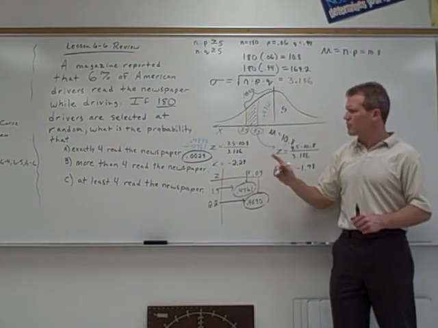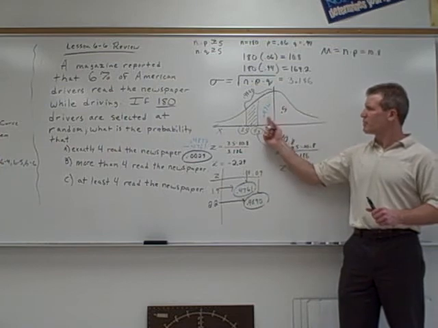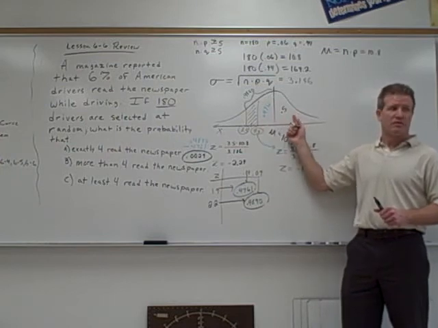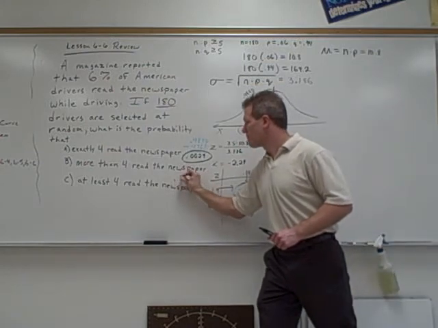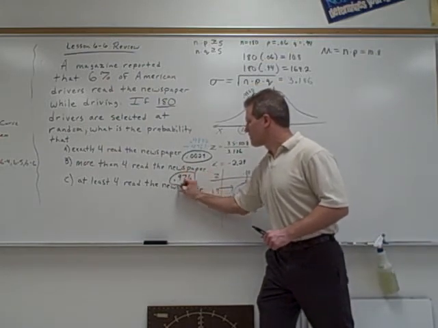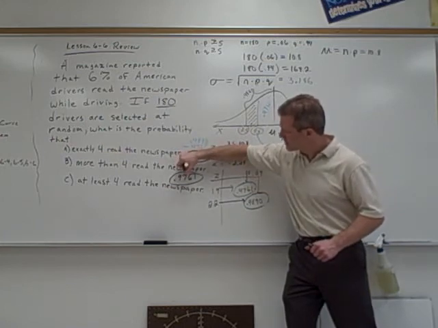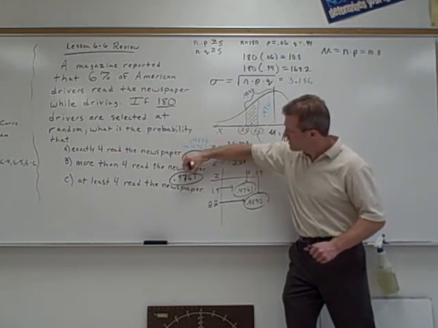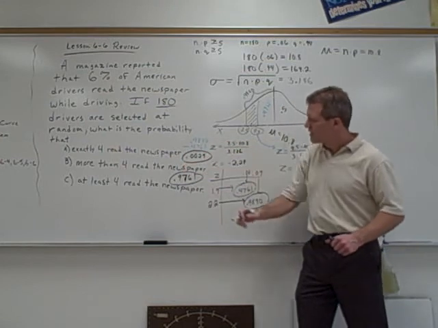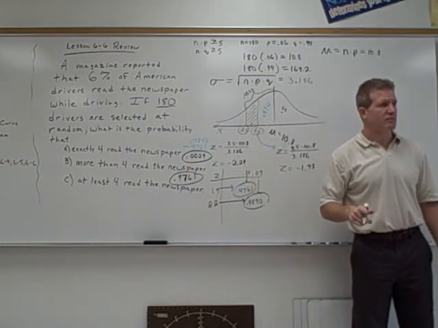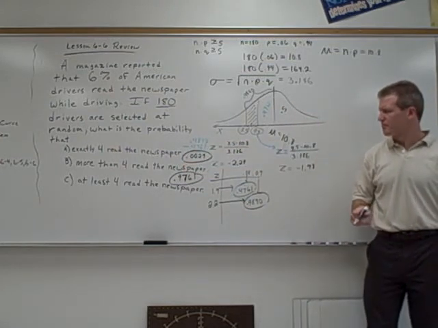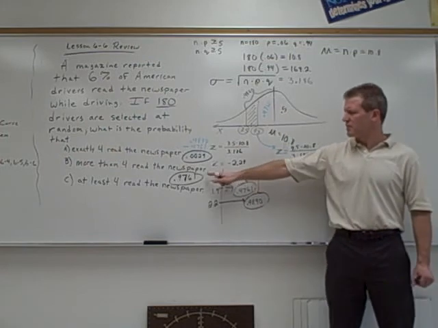So to get the probability that more than 4 read the newspaper, I would take 0.4761 plus 0.5. So that would be 0.9761. In other words, there's about a 97.6% chance that if I surveyed 180 drivers, more than 4 of them would say they read the newspaper while driving. Any questions about that answer?